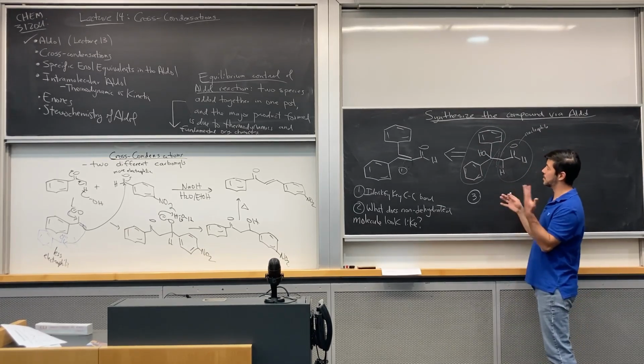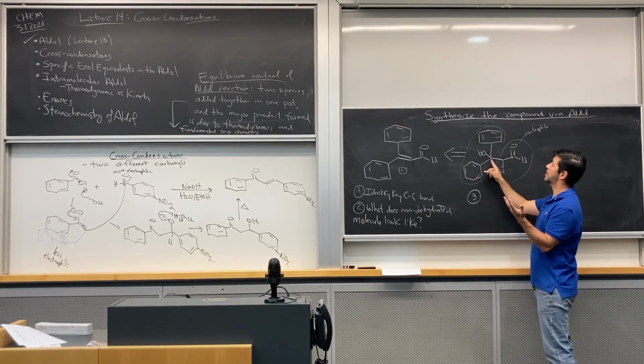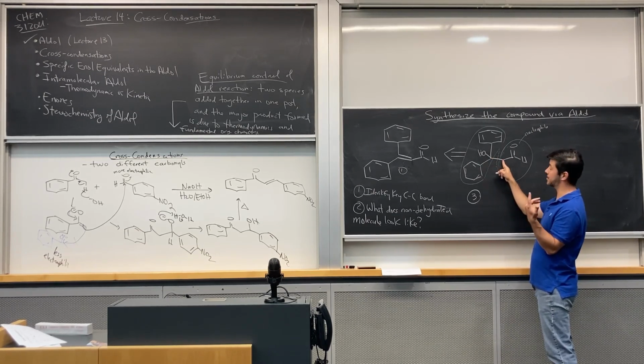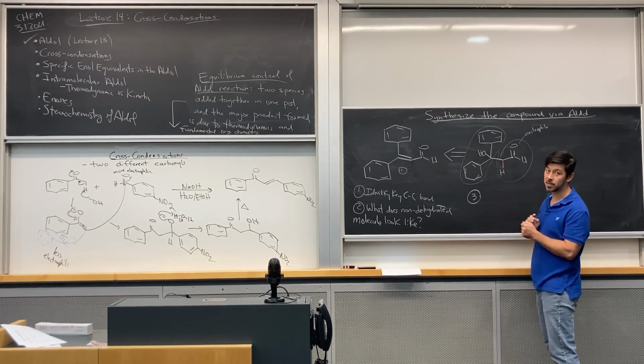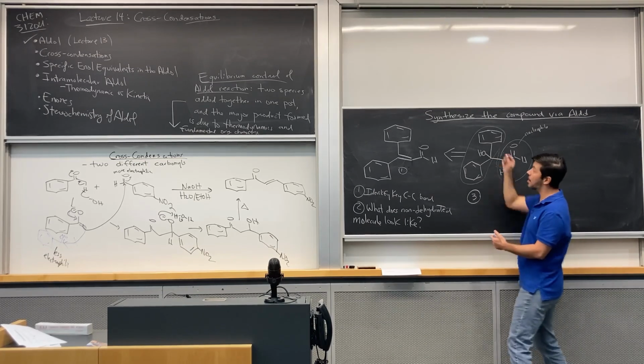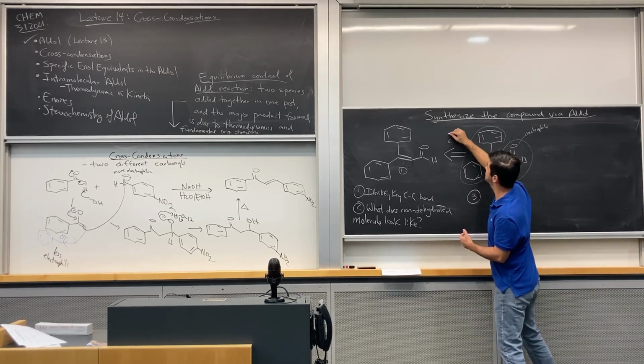You can't do it the other way, right? You can't form an enolate here and have that react at that carbon. That carbon is not electrophilic. So again, have these conversations with yourself.